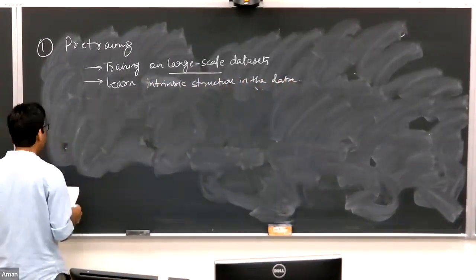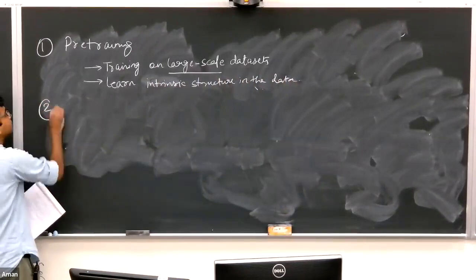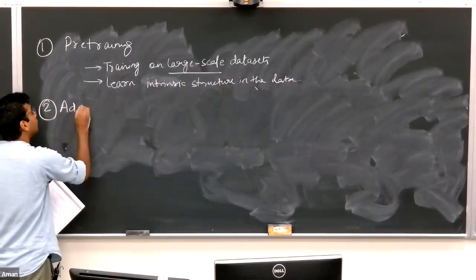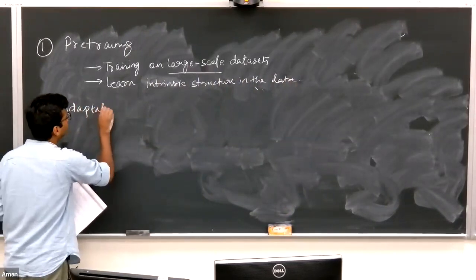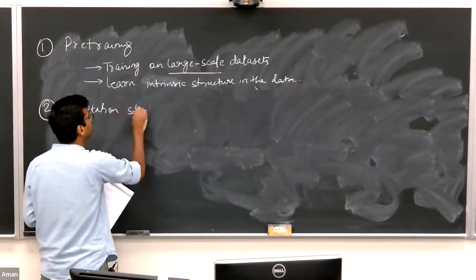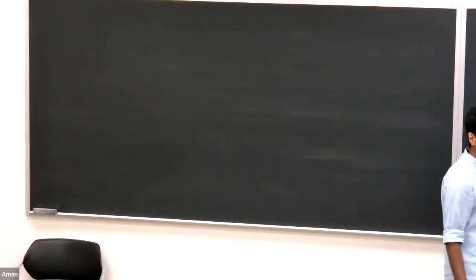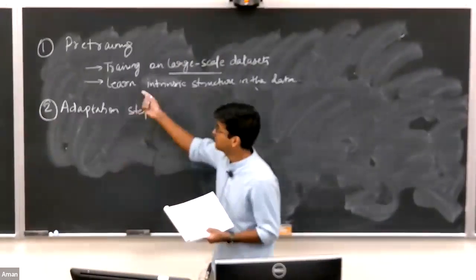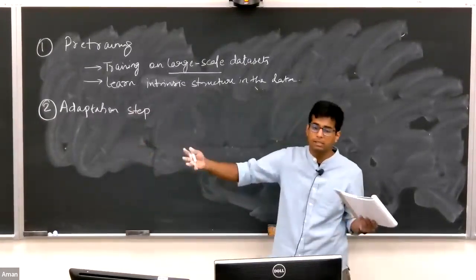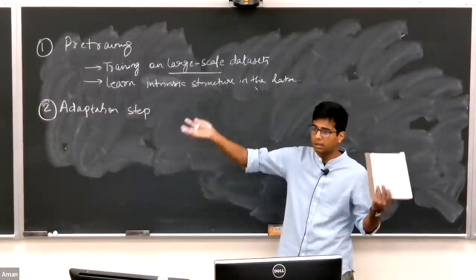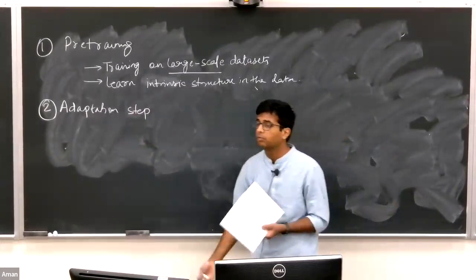Right. And then the second step is the adaptation step. Right. And here what we do is take a model which has already been trained on a large data set. So it already has a sense of what the data looks like and has learned some intrinsic structure. Then you fine tune.